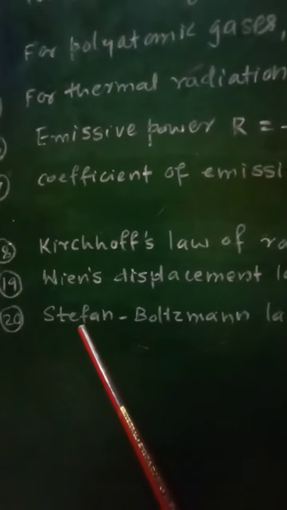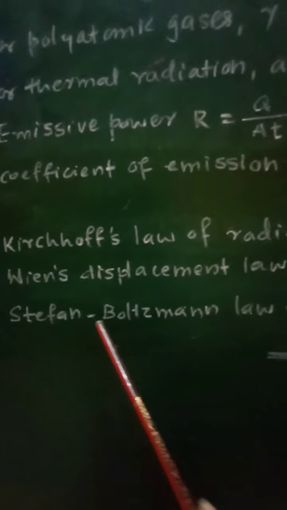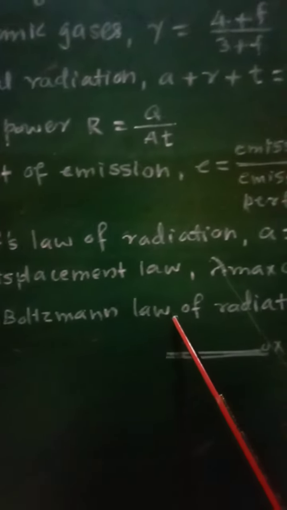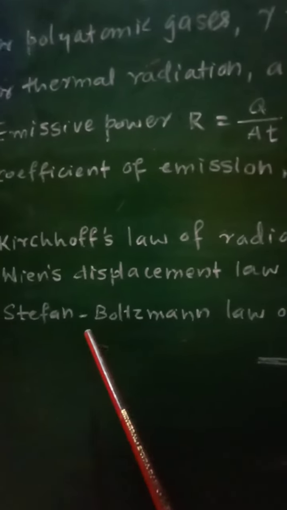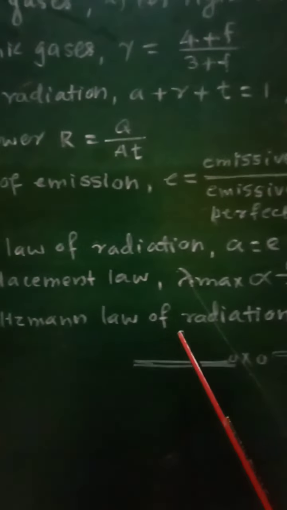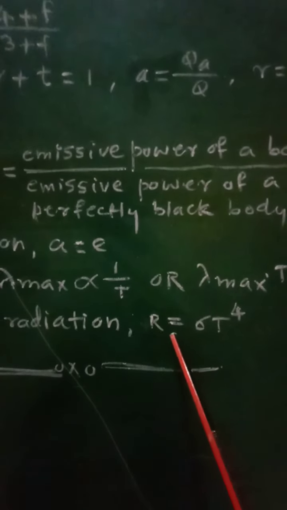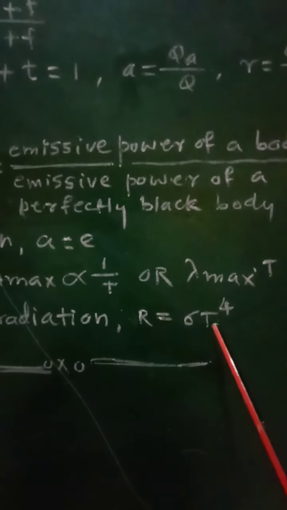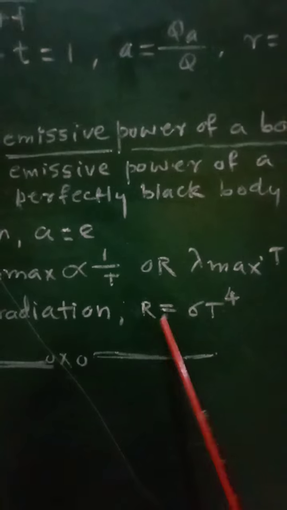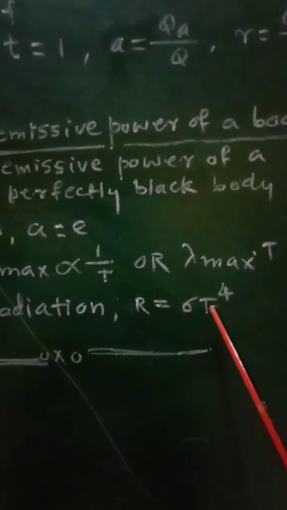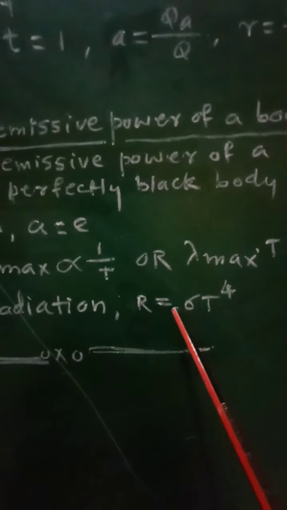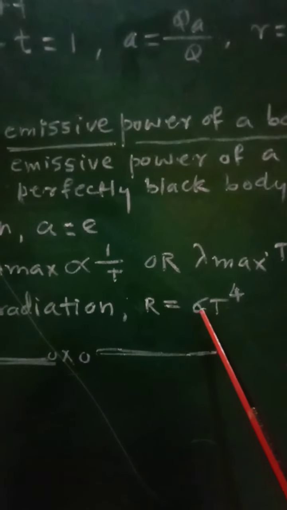And 20th formula gives Stefan-Boltzmann law of radiation. That is emissive power R is equal to sigma into T raised to 4, where sigma is Stefan's constant.